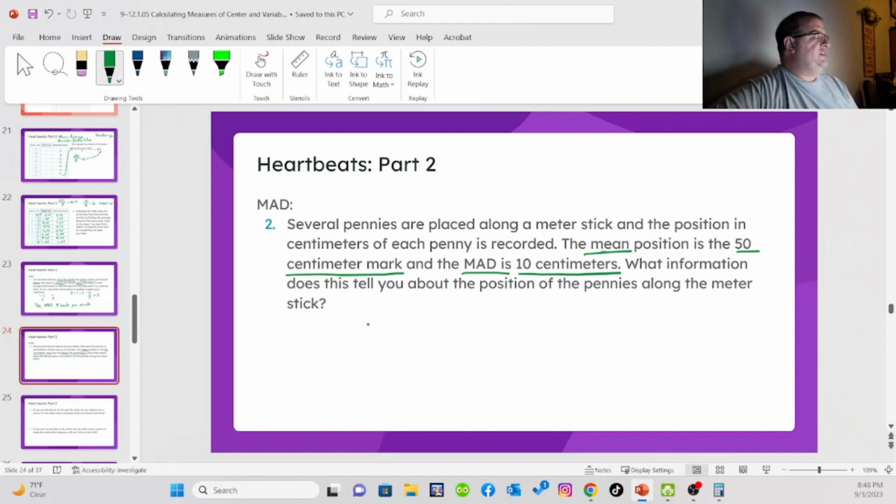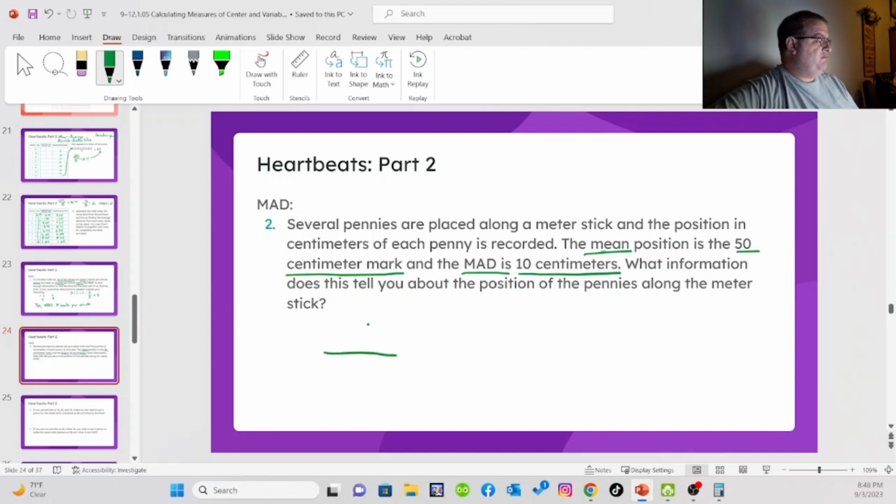What information does this tell you about the position of the pennies along the meter stick? Well, this tells me that on average, my pennies are 10 centimeters away from the mean.